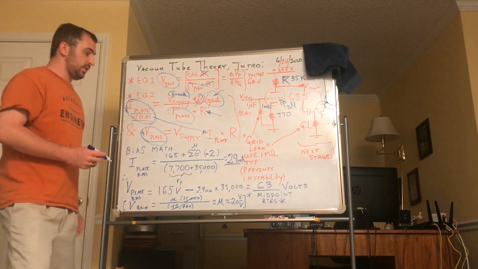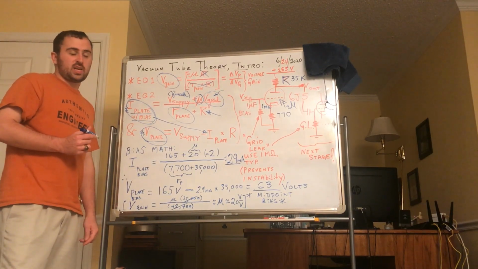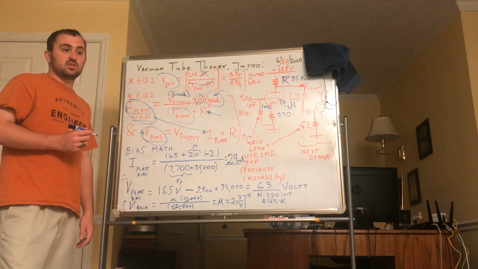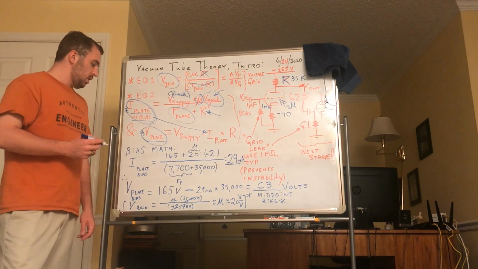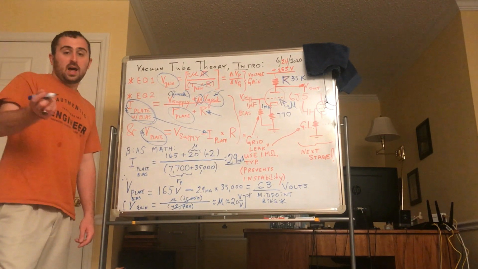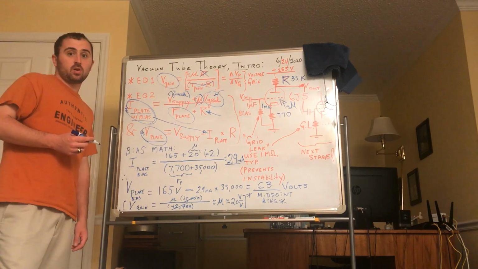All right, R is 35,000 ohms, mu is 20, R plate is 7.7 K, and the supply high potential is 165 volts.